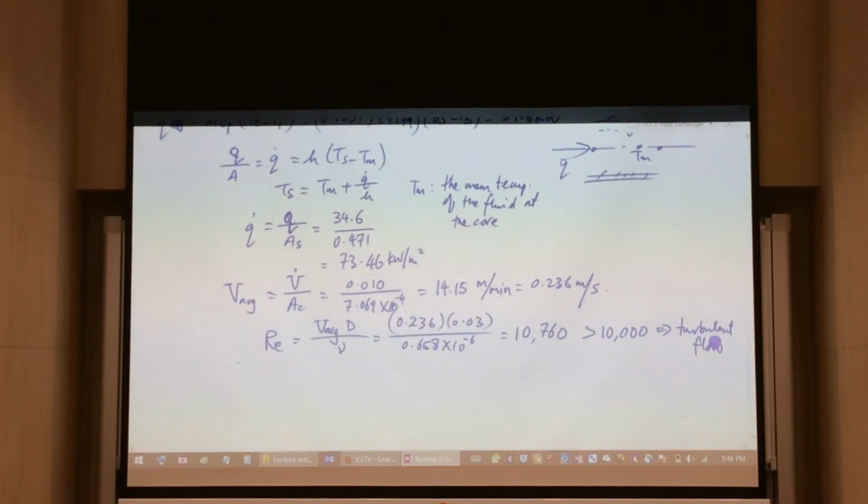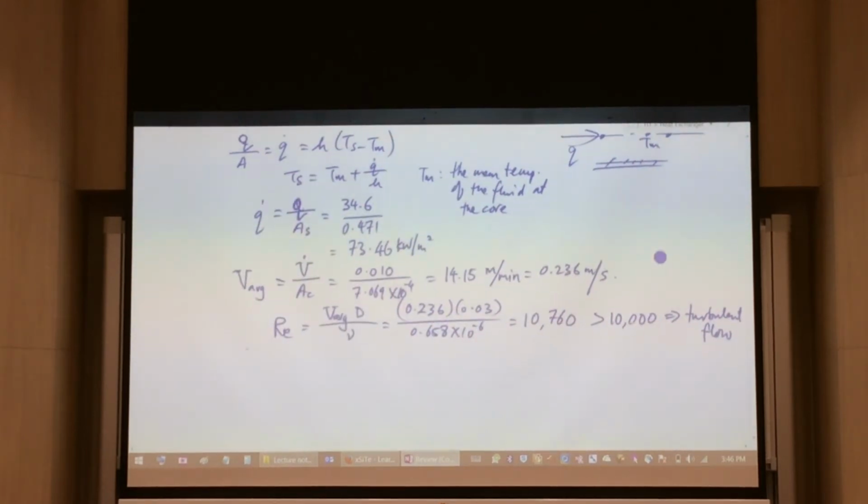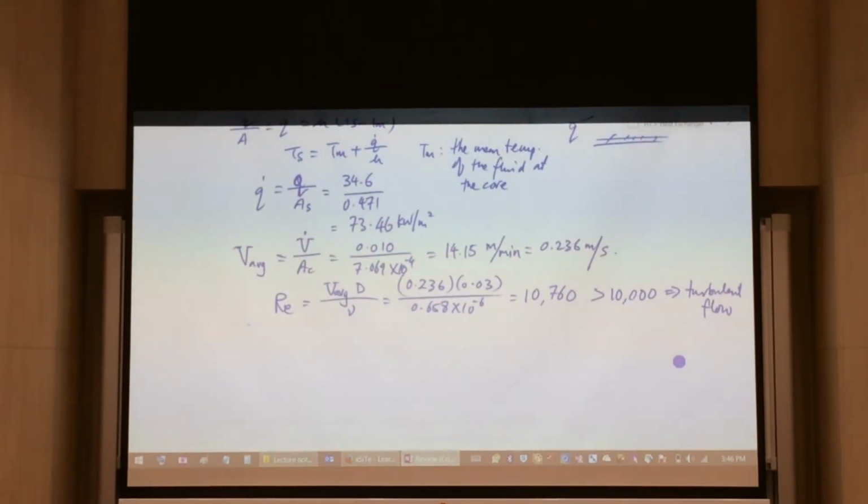Once you know that it's turbulent flow, you will use the correct form of Nusselt number. Before I go into Nusselt number, I want to talk a little bit about the flow that is turbulent and the entry length.